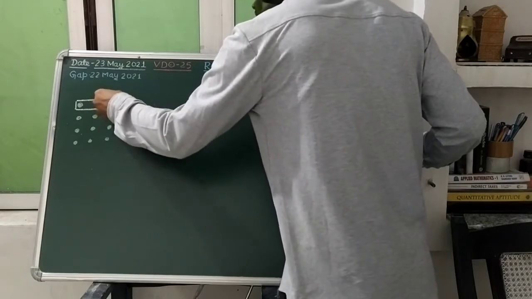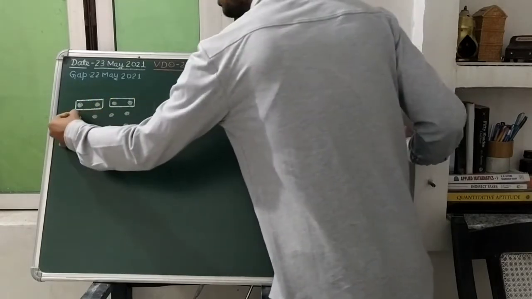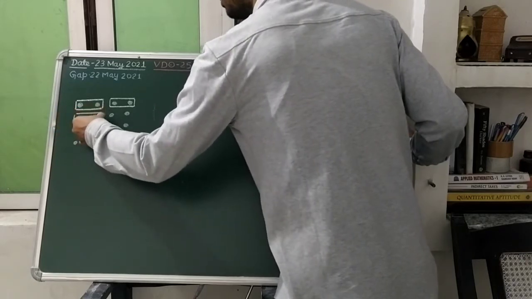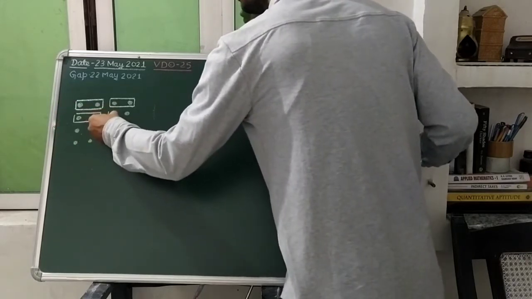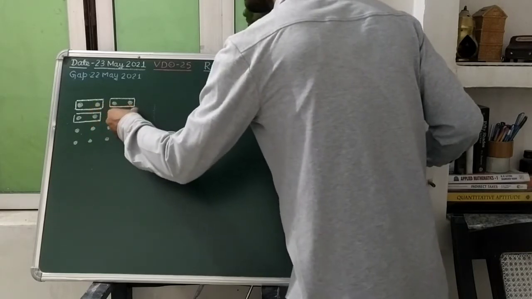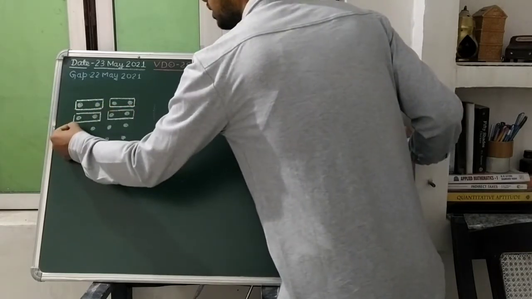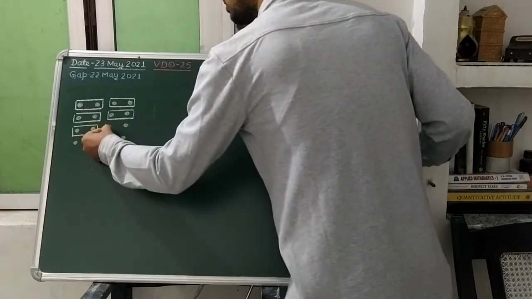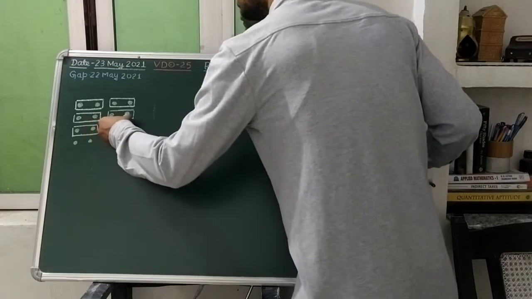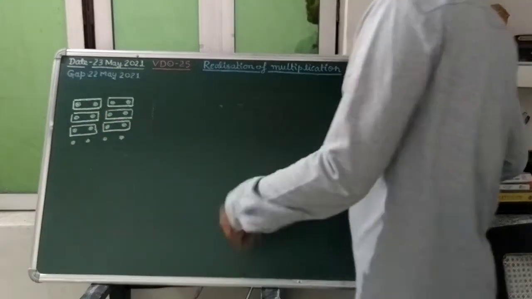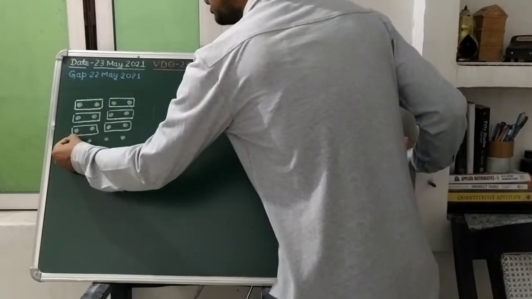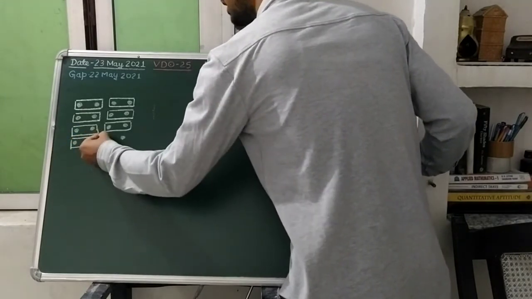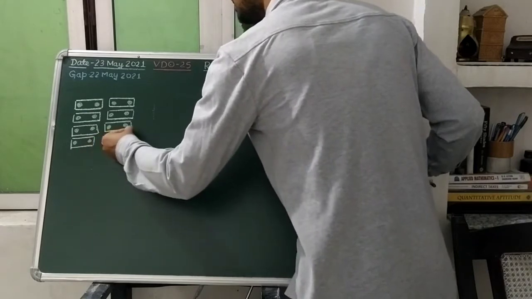Here we will find one more group, a group of 2 dots. Here also we'll find a group of 2 dots. Here as well, 2 dots are making a group, and here also a group of 2 dots we will get. Isn't it, students?